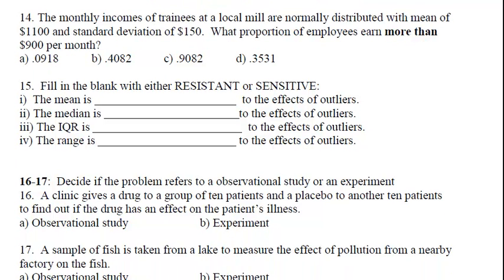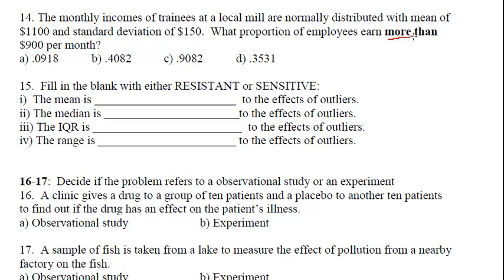Okay, so let's go ahead and do the next one. The monthly incomes of trainees at a local mill are normally distributed with a mean of 1,100 and a standard deviation of 150. What proportion of employees earn more than $900 a month? Okay, so this is another normal distribution problem. If I do it by hand, I can calculate a z-score.